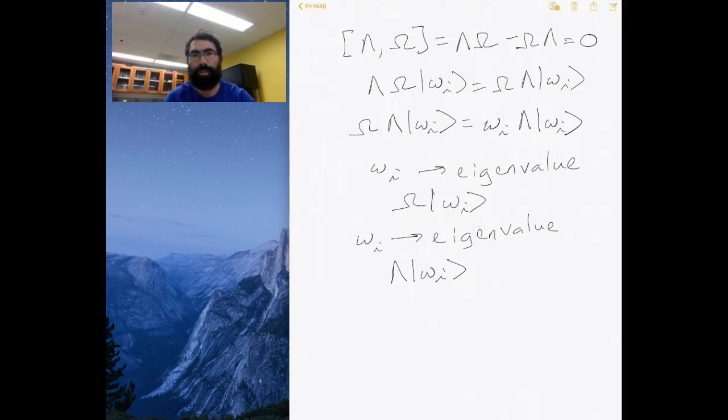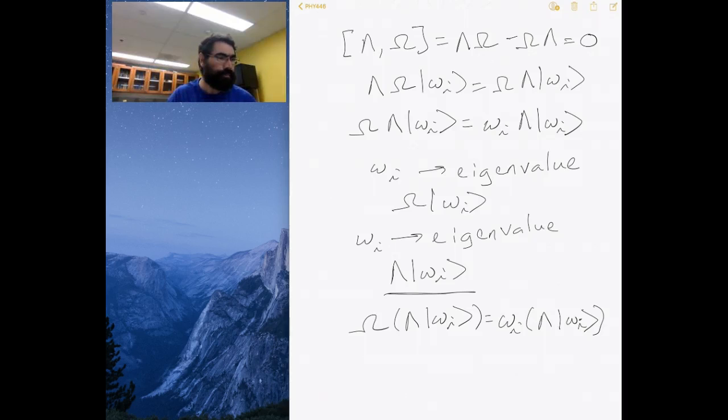Omega operates on the eigenvector omega sub I, and then you get this eigenvector omega sub I. Or you can think of the state as first, lambda operated on omega sub I, and then when omega operates on that state, I get this eigenvalue problem of the eigenvalue returning the original state back again.